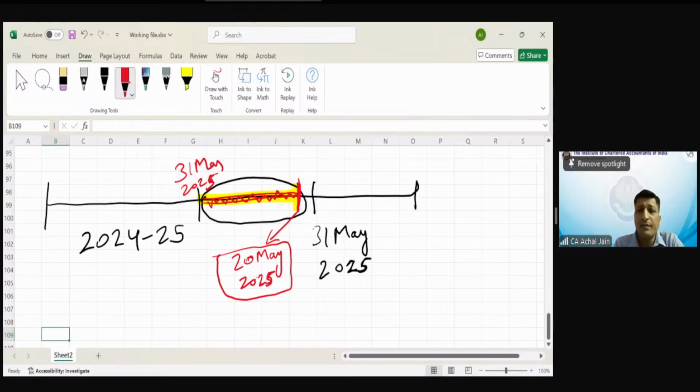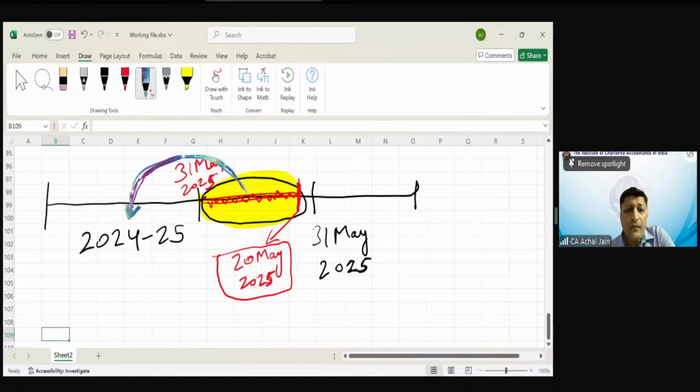And what is the objective of the review during this period? To find out if there are any expenses or transactions which have been booked during this period but which pertain to 24-25. So that's the objective. That's how it's required to be looked at.